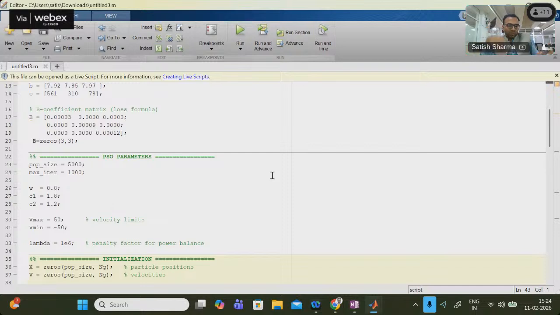So what are the takeaways from here? Why, when I reduced the C2 value, which is associated with the global best, some initial population particles have been identified, and some of them will have maximum fitness and minimum cost.